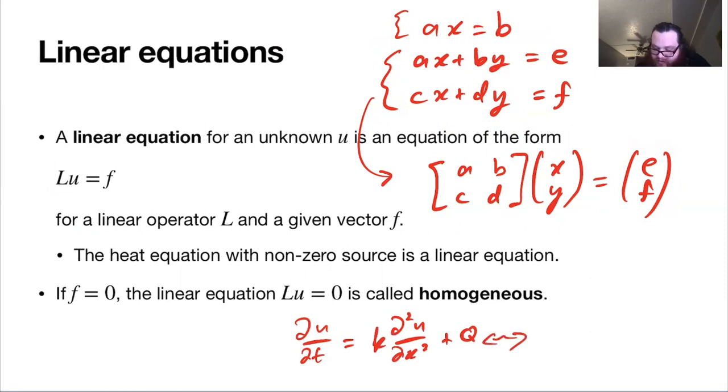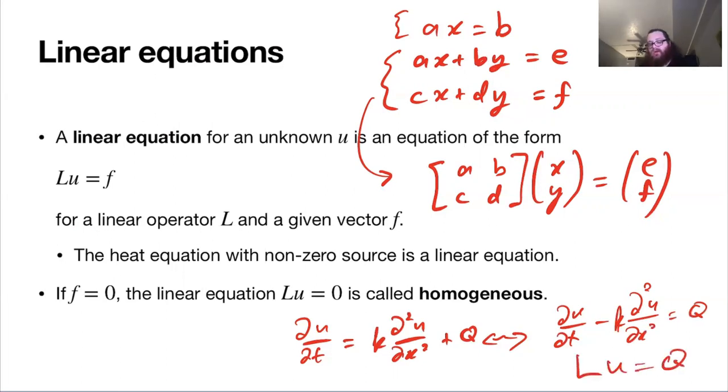Well, we can rewrite this as du dt minus k d squared u dx squared is equal to q. And of course, this is Lu is equal to q, where L is the heat operator and q is the source term. Okay, so the heat equation with the source is indeed a linear equation as well.